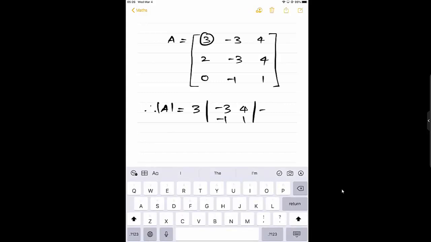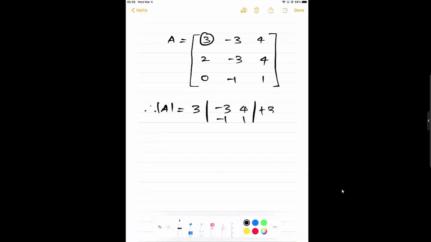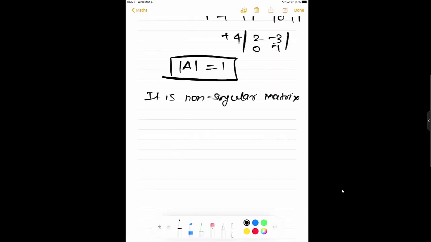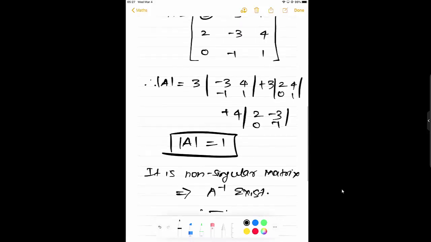So minus into minus 3, it is plus 3, 2, 4, 0, 1, then plus 4 into 2 minus 3, 0, minus 1. If you solve this, the determinant value will be equal to 1, which means it's a non-singular matrix. Therefore, A inverse exists. So the first prerequisite, we are done with that.